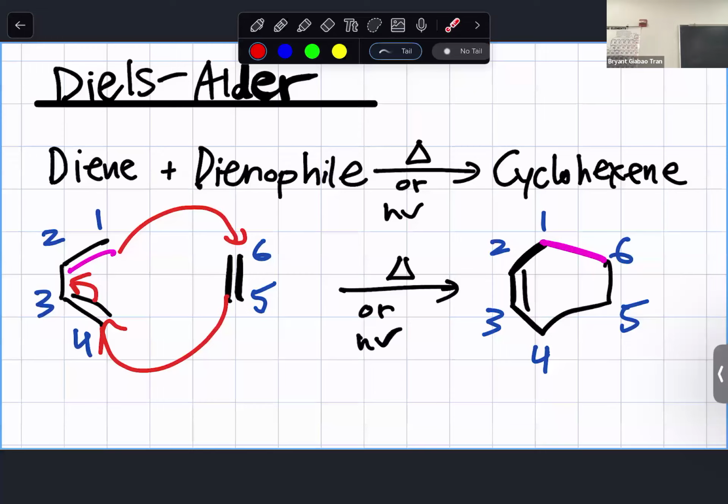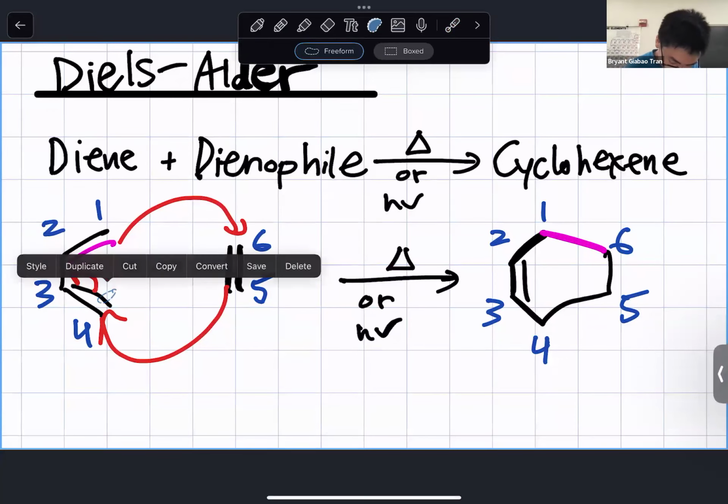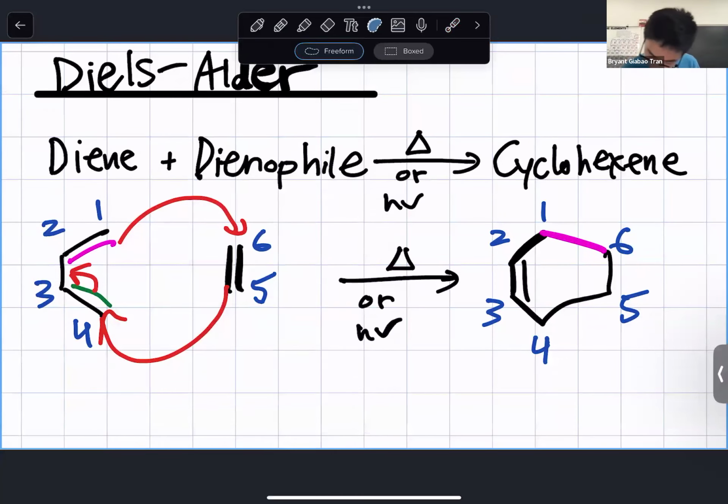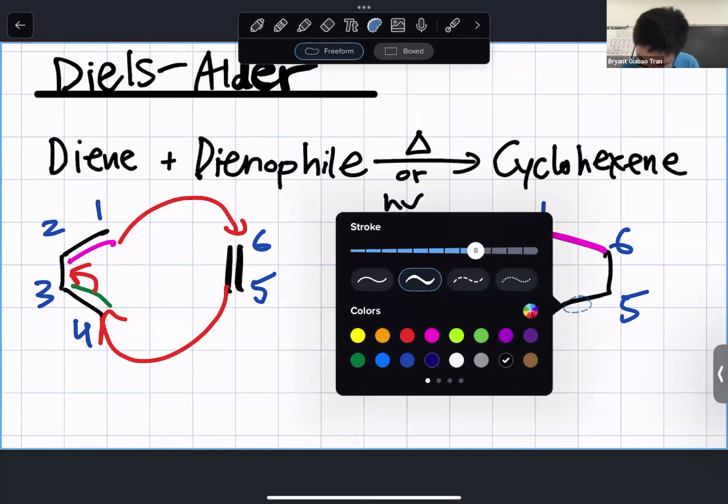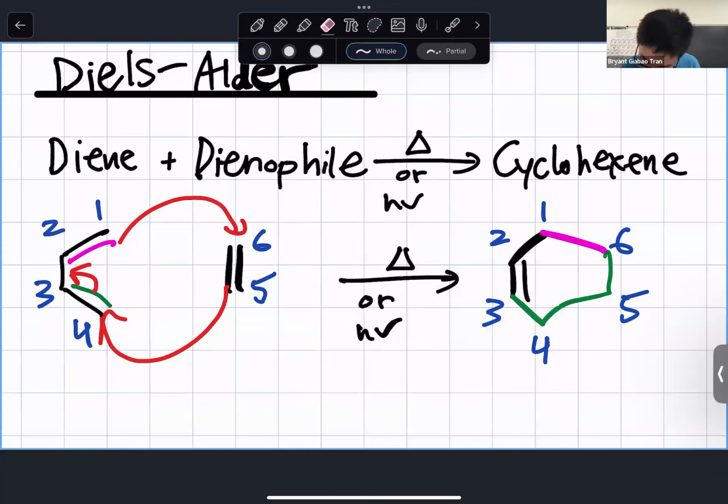Oh, this is electrophilic, and this is what? I'll get to that after I explain this thing. So let's color code this green. That green right here.